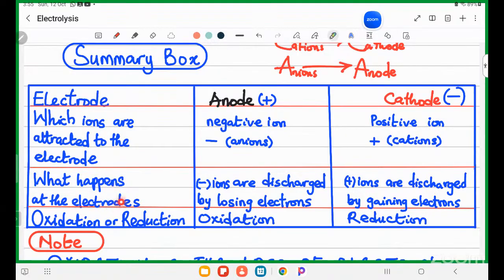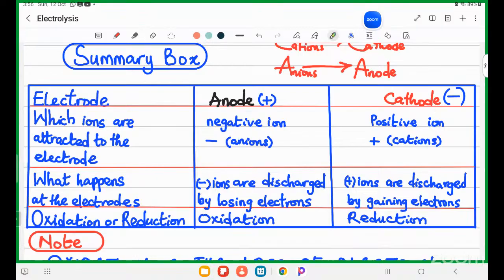Ions are discharged at the electrode. Negative ions are discharged by losing electrons, meaning at the anode, oxidation will occur. At the cathode, reduction will occur, as positive ions are discharged by gaining electrons. In electrolysis, oxidation will always occur at the anode.